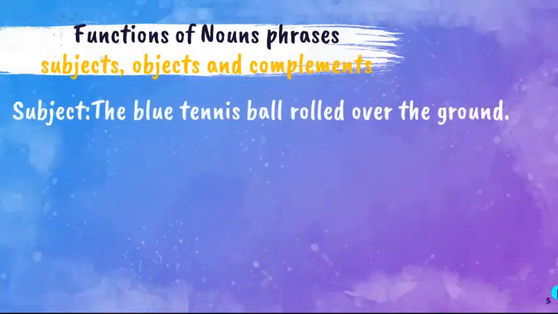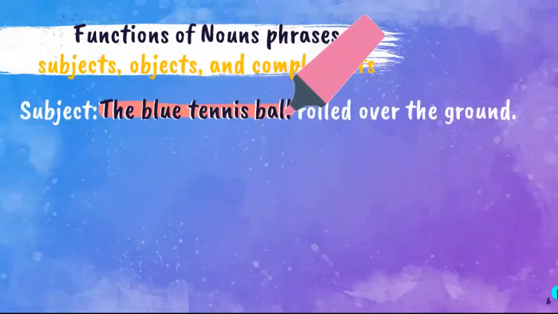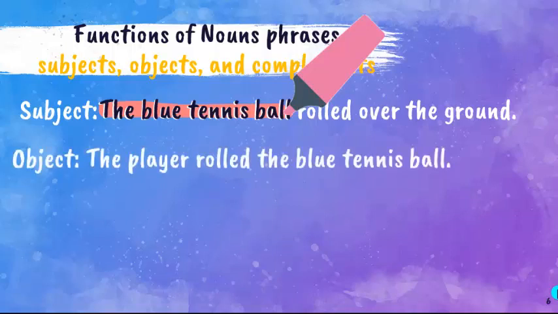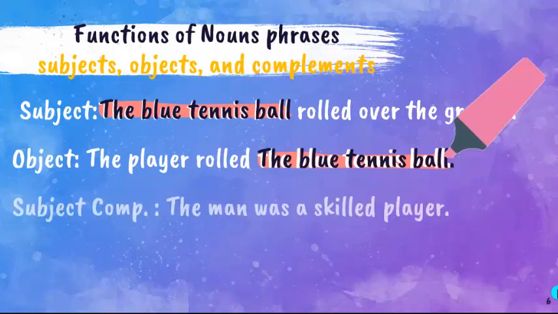Different functions performed by noun phrases. First, the subject. The blue tennis ball is the subject of the verb. The blue tennis ball in this sentence, it's not the subject, but it is the object of the verb.